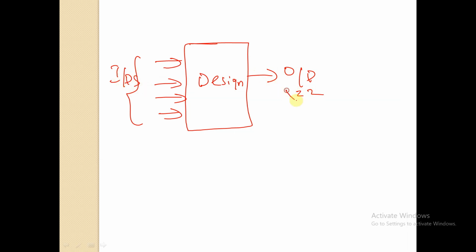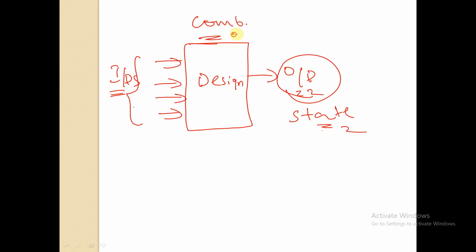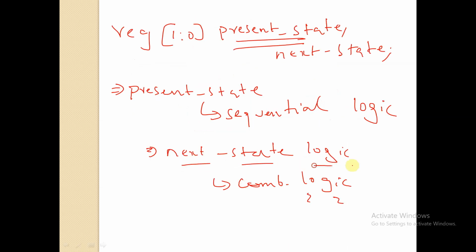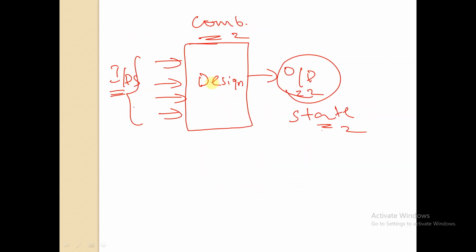Our output is the future state, and it depends upon the input, which is nothing but a combinational logic. So this is how we can analyze it. Is this clear? That's why we are writing the next state logic in combinational logic. Is this clear? I will write the code, it will be more clear.